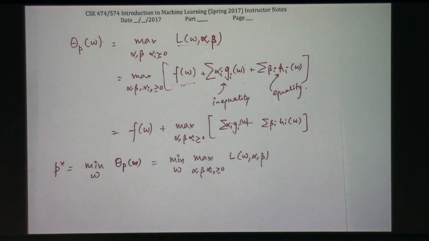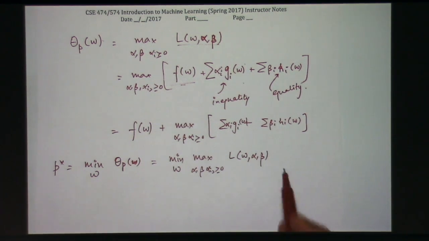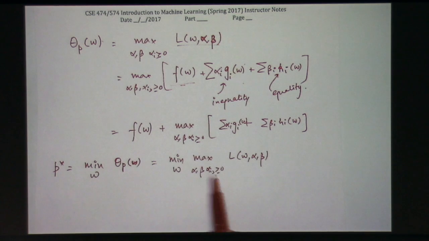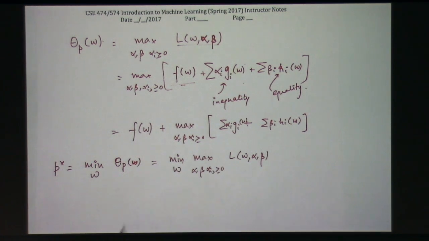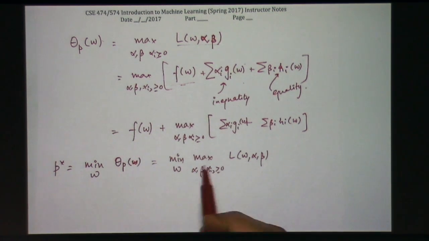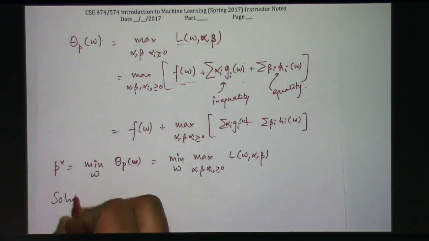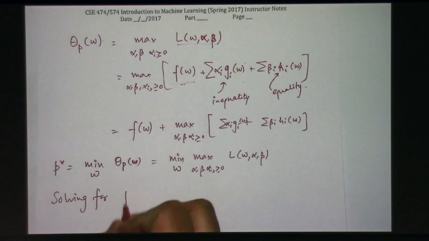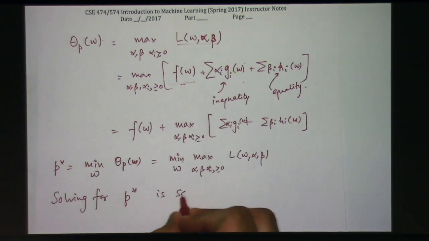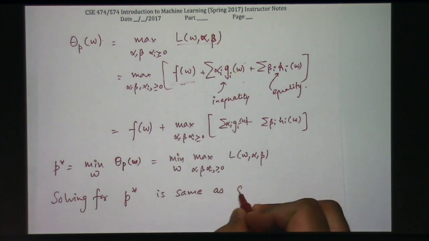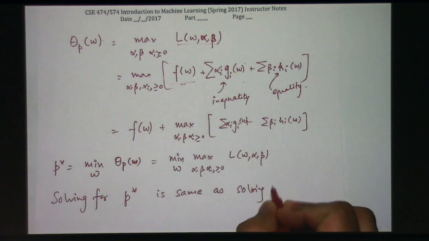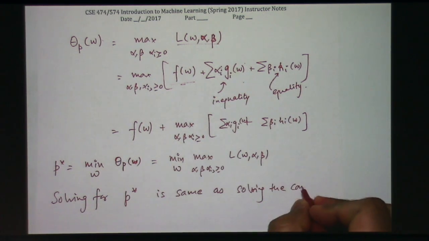It turns out that this is still an optimization problem, two optimization problems one after another. First you maximize, then you minimize. Solving for P star is the same as solving the constrained optimization problem.